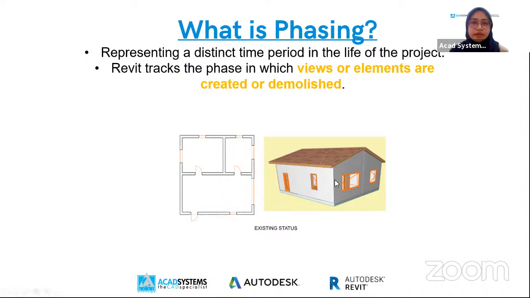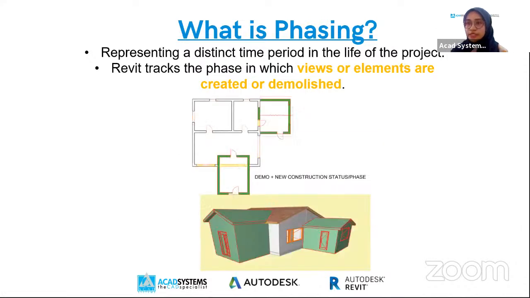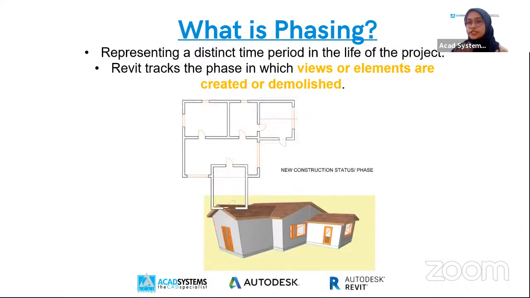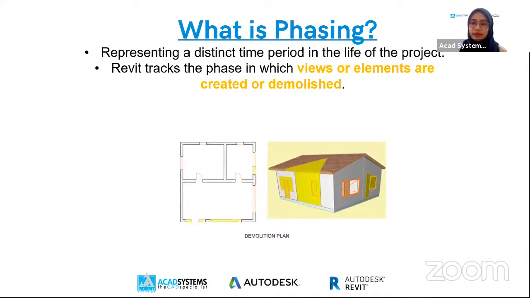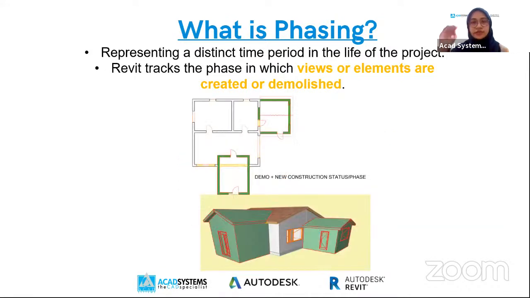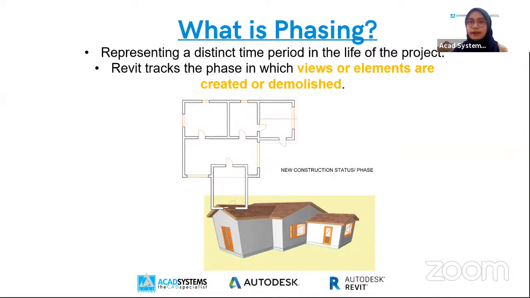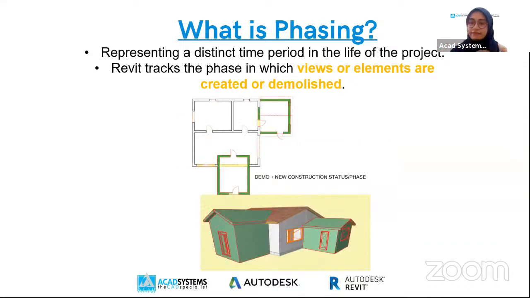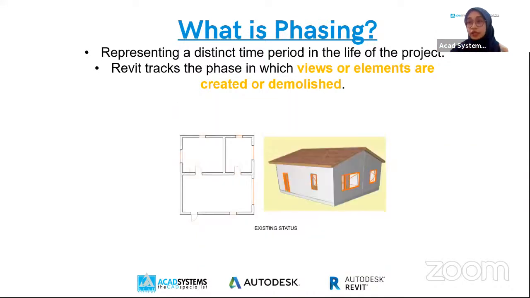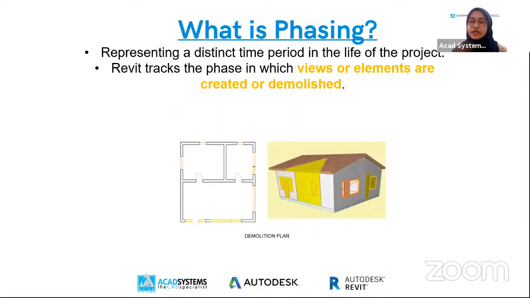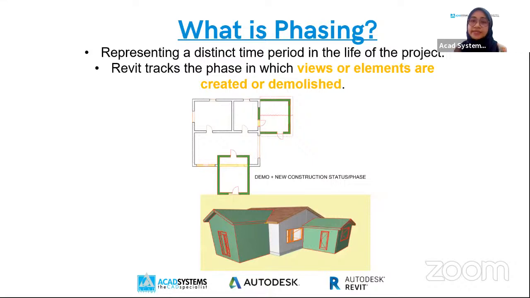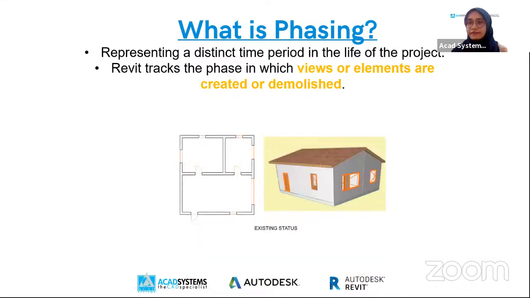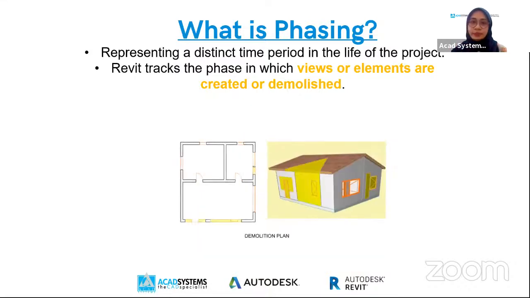Aside from that, you can also see the demolition plan or demolition phases, and you can create a first floor plan or a second floor plan, and choose whether it is created in the existing phase or in the new phase. We can represent that inside Revit, especially for renovation projects.